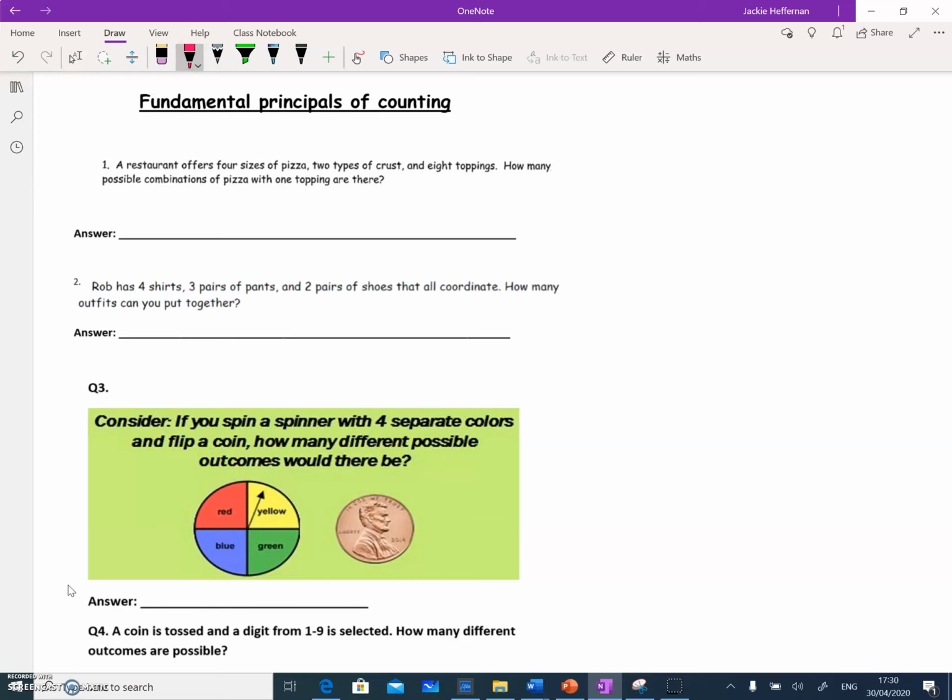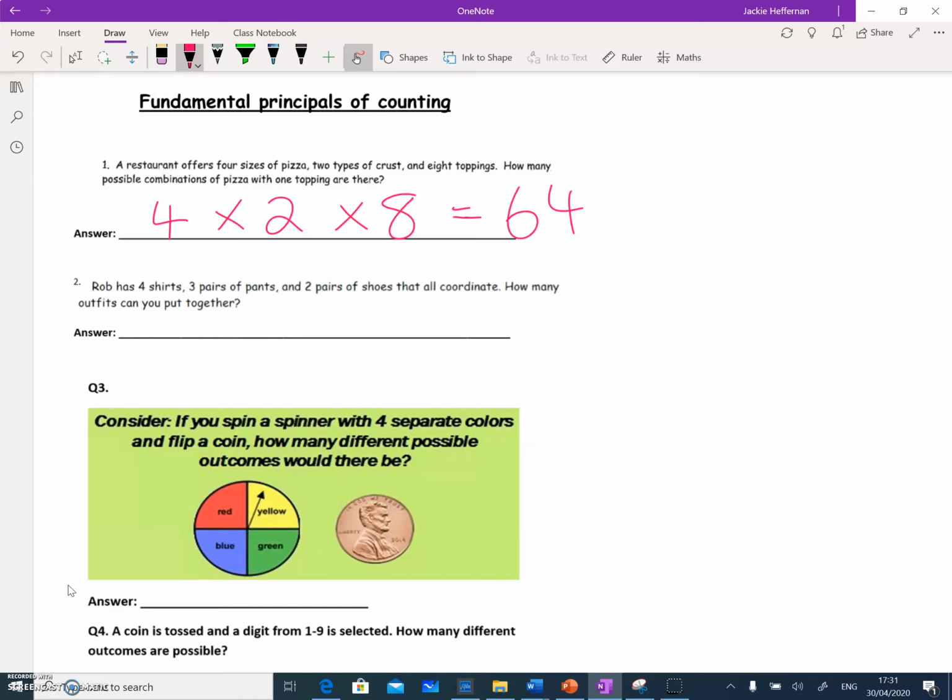So 4 pizzas multiplied by 2 different crusts multiplied by 8 toppings, which is equal to 64. So there's 64 different ways you can get a pizza with 1 topping because it's 4 different sizes, 2 different types of crust, and 8 different toppings.